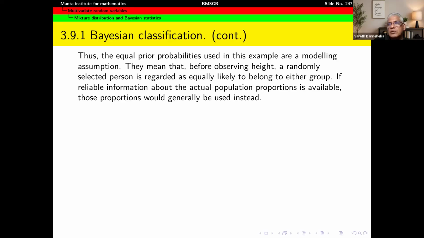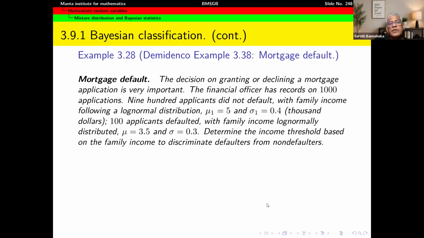So if you know that in the population, even though there is a slight difference, the probability can be considered as approximately equal, without much deviation or variation in the answer. If reliable information about the actual population proportions is available, those proportions would generally be more preferable than estimated values. So that is one example.